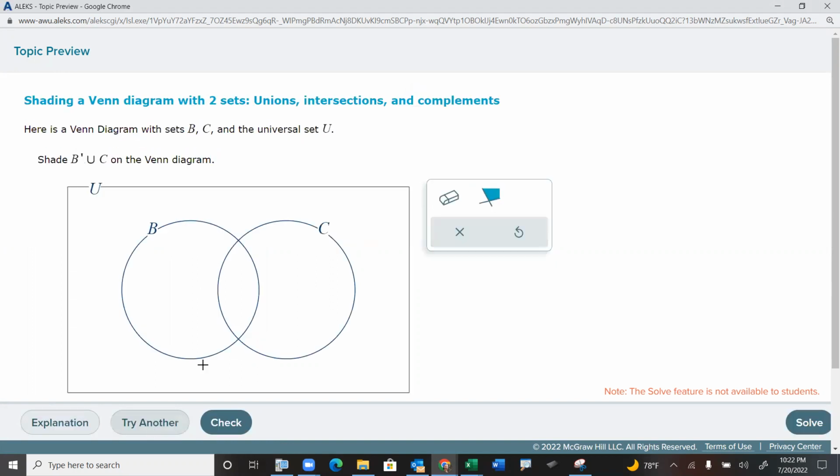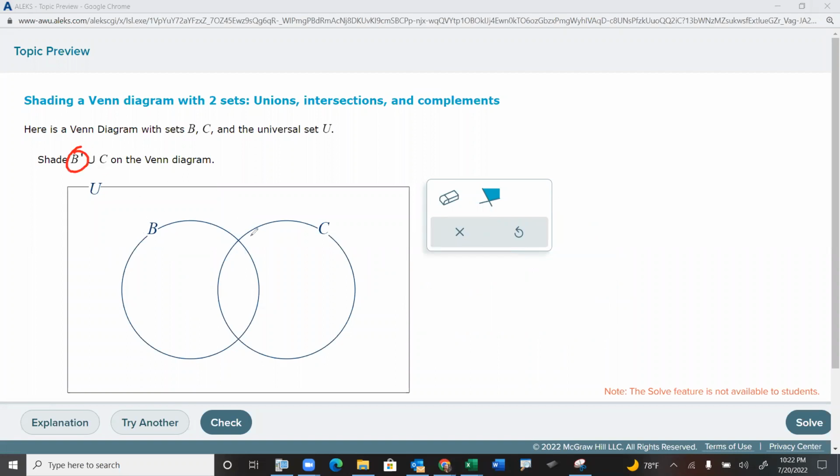Anything more interesting? This one's a little more interesting. This one says we want to shade, it has union. Union means keep everything here and everything here. Keep it all, not just where they overlap, because overlap is intersection. So that just means shade them both in.